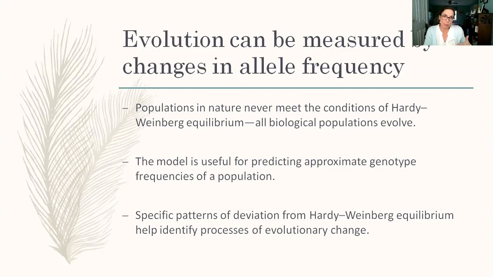So what the videos will bring out is how this model is useful for predicting the approximate genotype frequencies of a population. I think it's Mr. Anderson's video that helps you see that that's actually really useful, because if you know the allele frequency for a certain allele in the population, then you could predict how many people within your population might be a carrier for a certain genetic disorder, things like that.